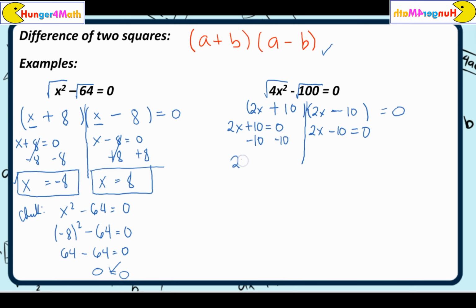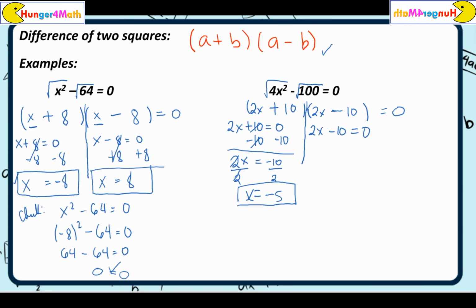That will give you 2x equal to negative 10. Then divide both sides by 2. So 1 times x is x, equal to negative 10 divided by 2, which is negative 5. So the first value of x is negative 5.